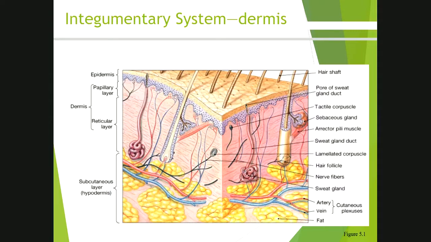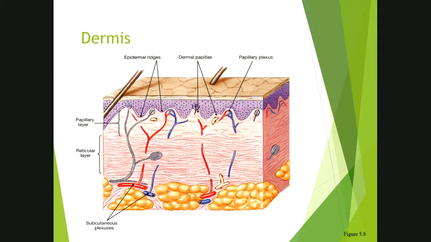We also, remember, talked about the dermis. And the dermis has 2 layers. So there's a superficial layer, that's the papillary, and there's a deeper layer, that's the reticular. So if we look at it, here's the superficial layer right here, and it goes like this.